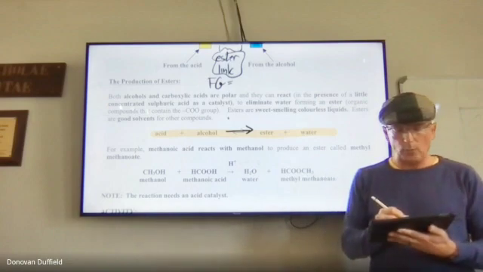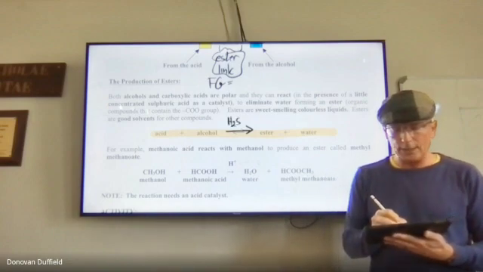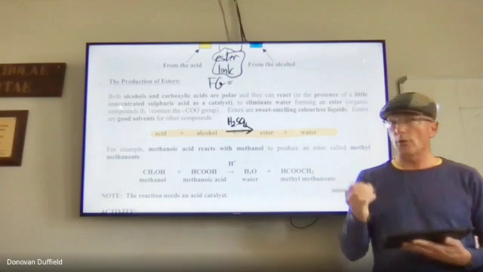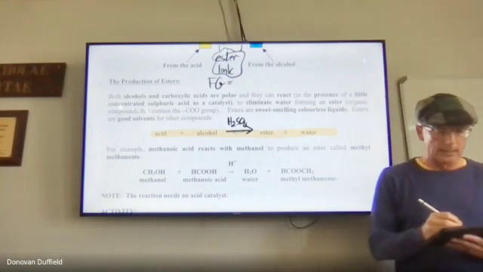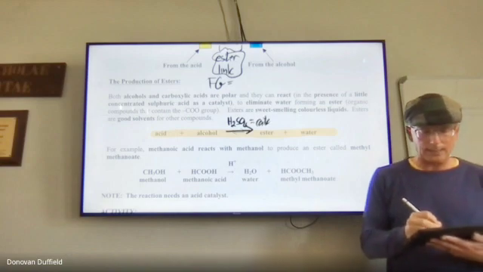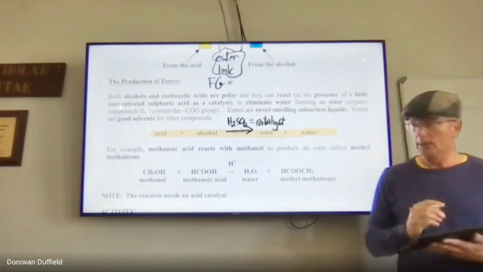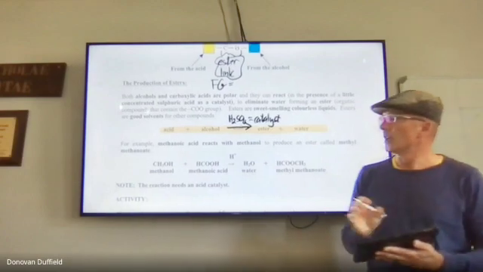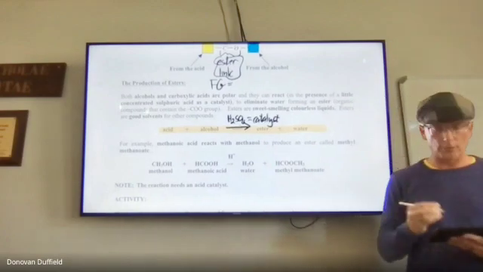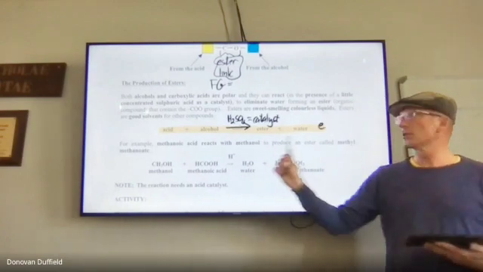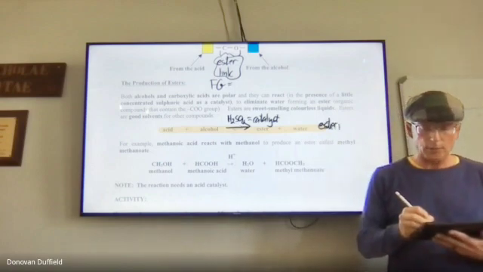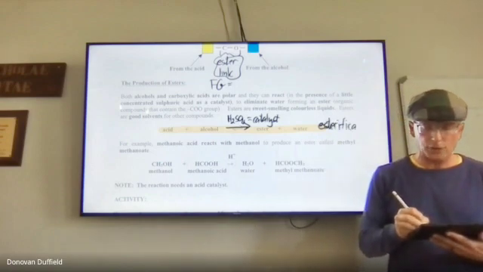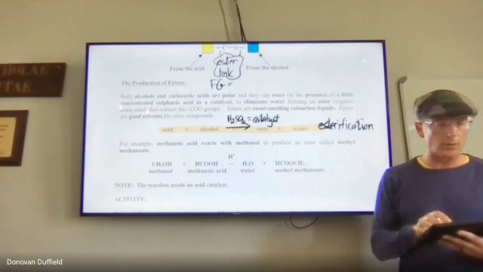So invariably what we use is H2SO4, a strong acid. H2SO4 is a strong acid, and this is the catalyst. So this is the standard chemical reaction, and this process is known as esterification, the formation of esters.